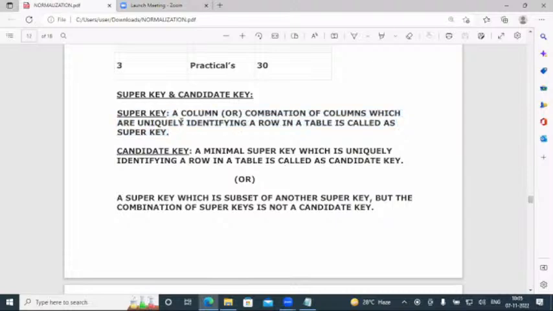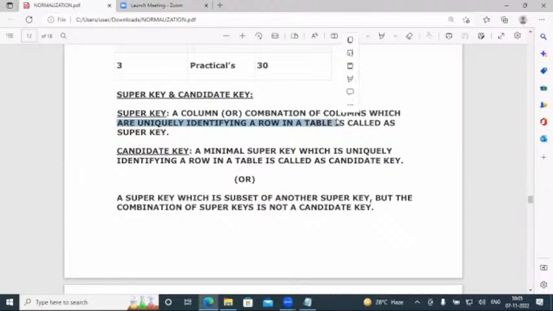It says: a column, meaning a single column or a combination of columns, which uniquely identifies a row in a table.